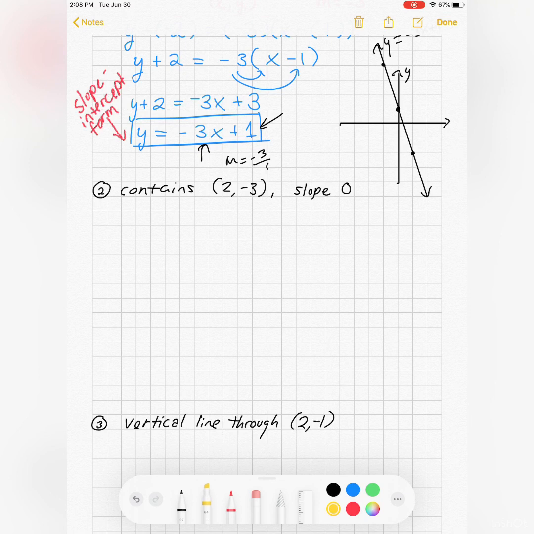Here's a special one. So as soon as I see slope of 0, I'm like, okay, this is going to be special. Let's see if we can use our same template. Y minus y1 is m times x minus x1. Remember this one, that's the point slope form.